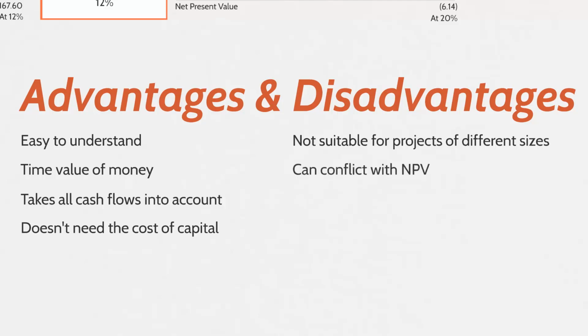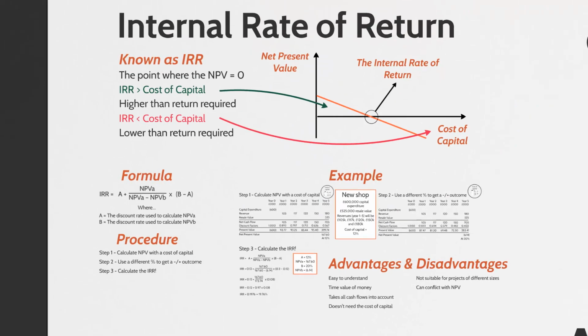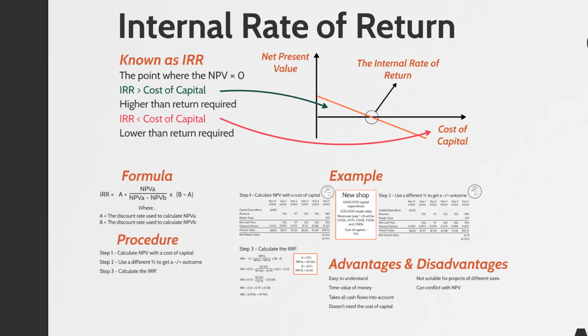It can also conflict with the net present value, because it may say, based on the cost of capital, that it's not high enough, or it's not enough higher than the internal rate of return to be taken on, where actually, in theory, any project with a positive NPV should be taken on. So that's a brief summary of what internal rate of return is.